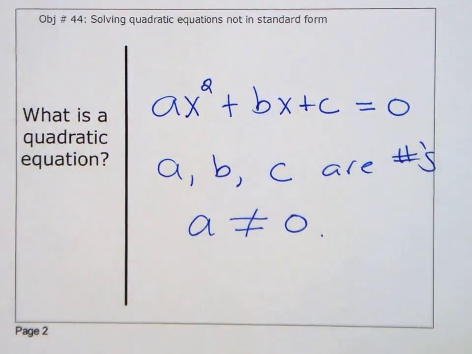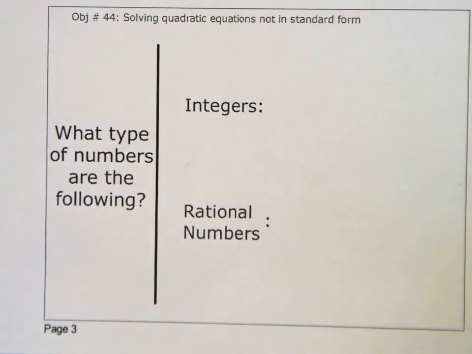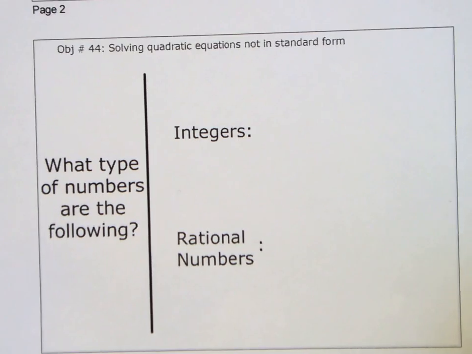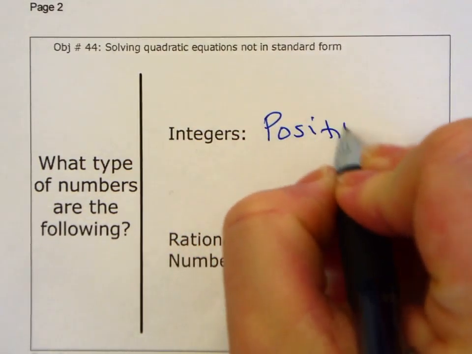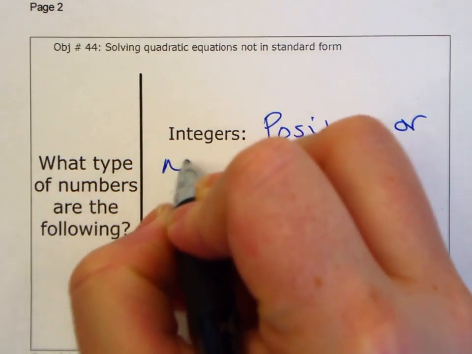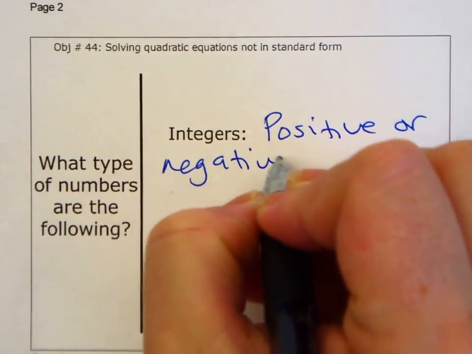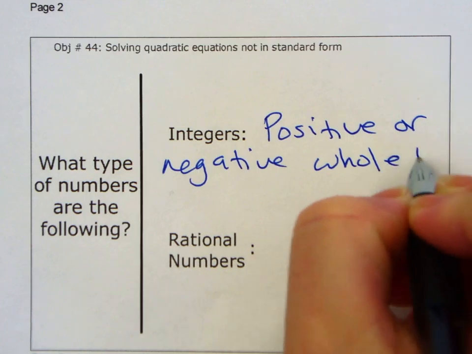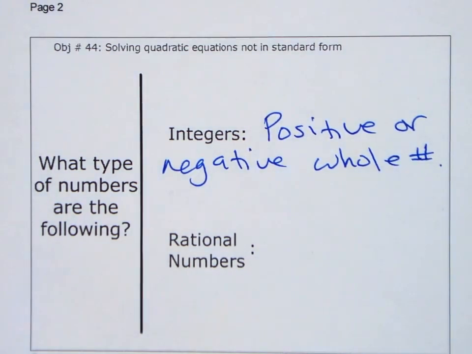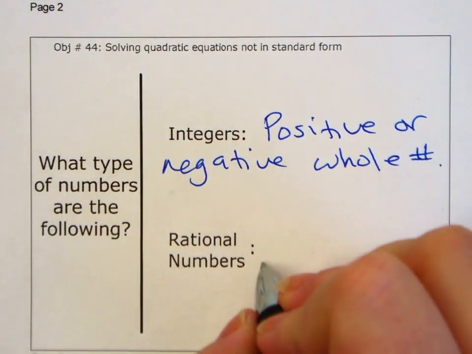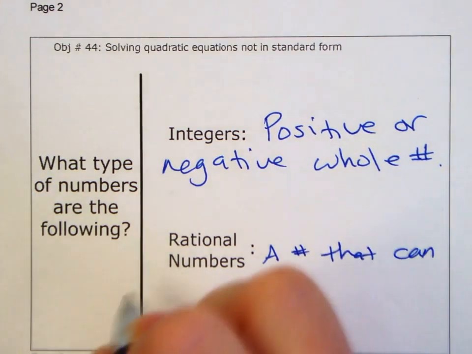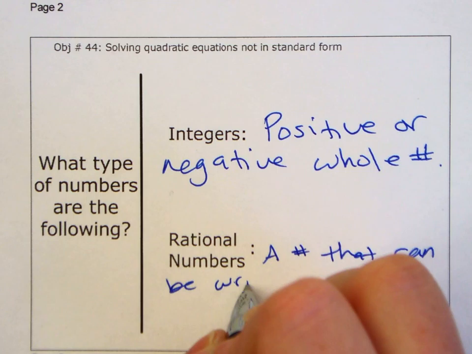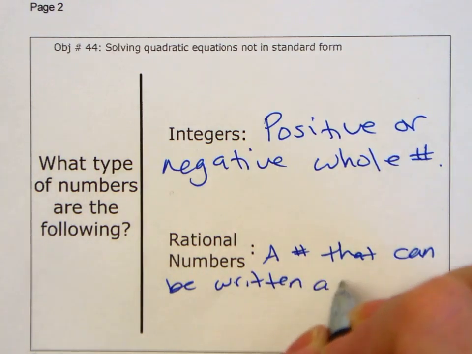All right. Review from yesterday. What is an integer? An integer is a positive or negative whole number. What's a rational number? A number that can be written as a fraction.